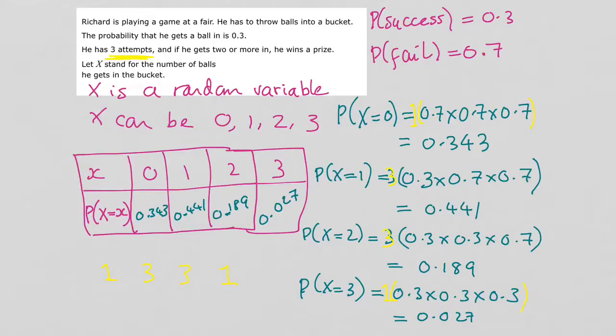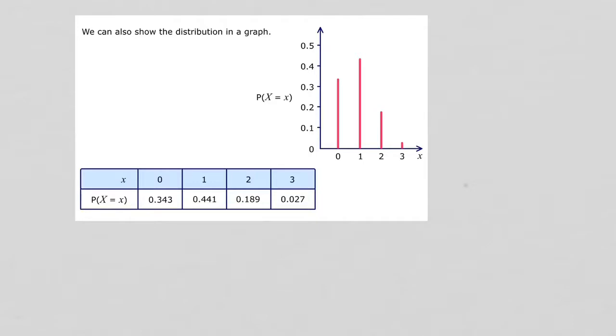So over here we have got our probability distribution. So this is our probability distribution for what's happening up here. We know what the probabilities are. If we plot them, you get a graph like this. Okay, this is actually a positive skew.